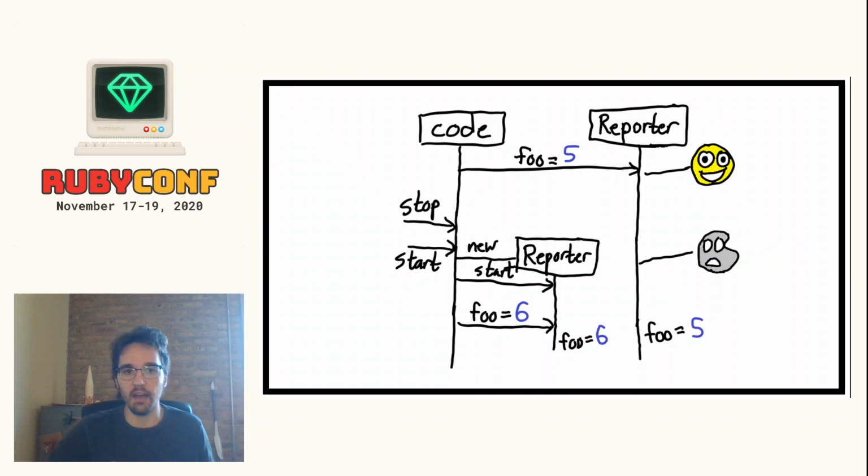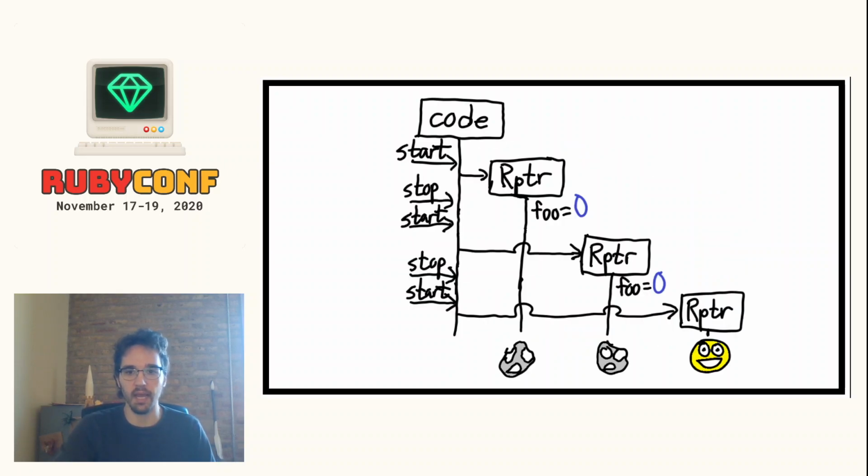This seems bad enough, but stop and start aren't just called every so often. The framework that we were working with here would call them all the time, which means that we didn't just have one zombie reporter reporting some data that was a little stale. We had hundreds of them running at the same time, each writing foo equals 0.